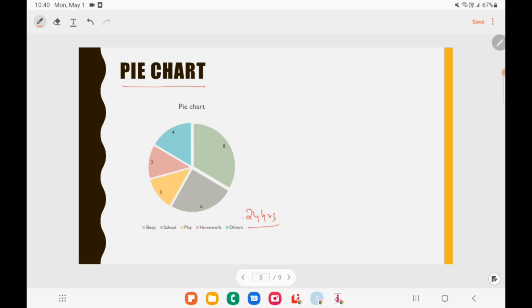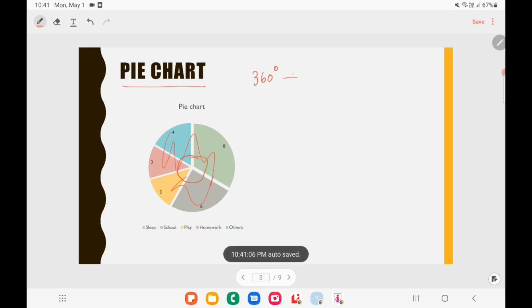Here you need to understand one thing: this is a pie chart, and this is a circle. So the total angle is 360 degrees. And this total circle represents 100%, because we are taking the full circle.